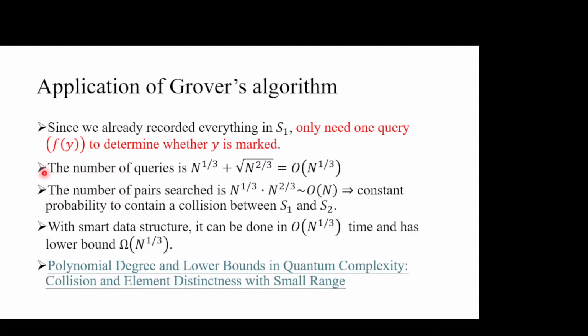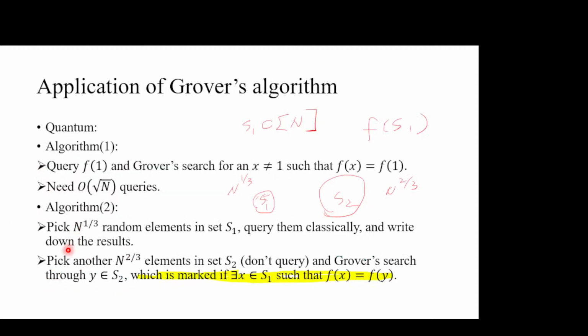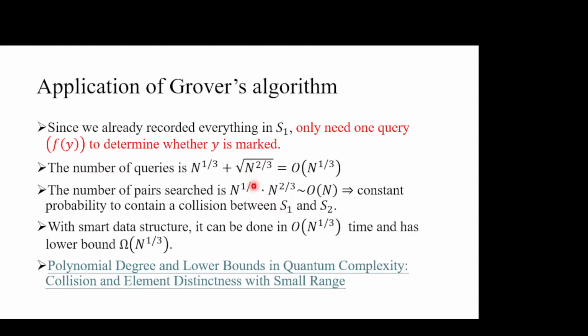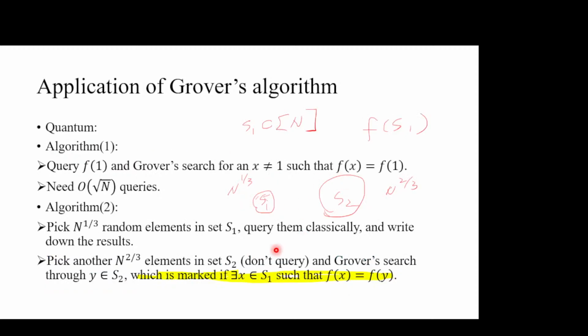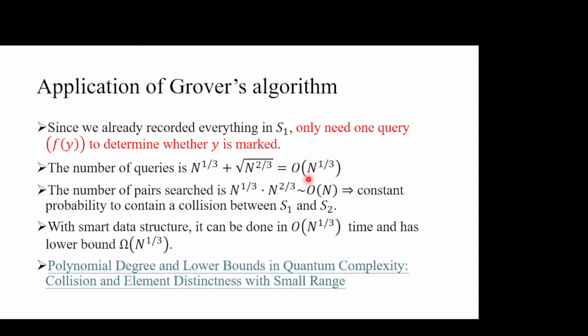The total number of queries is n to the 1/3 to look through everything in S1, plus square root of n to the 2/3 to Grover search over S2, so the total is order n to the 1/3.